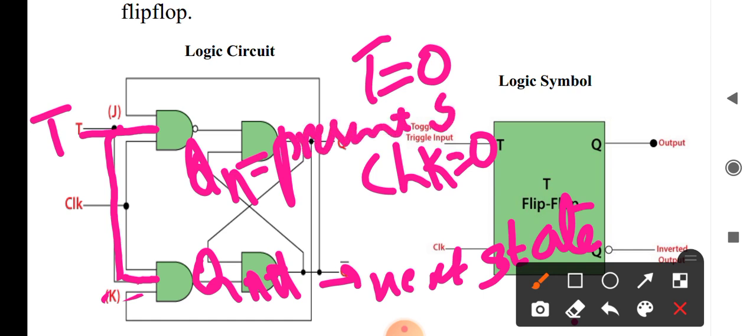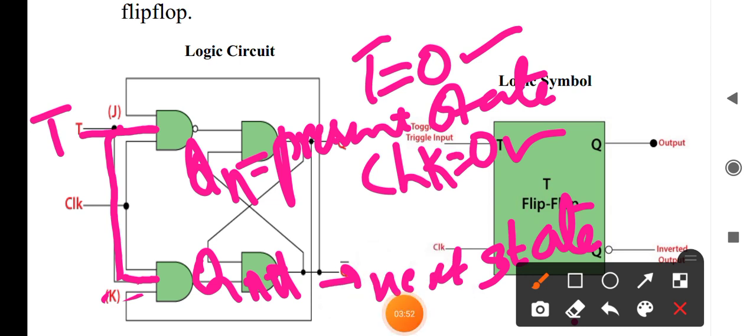I hope you know about this. So during T equal to 0 and clock equal to 0, the present state Qn will be equal to Qn plus 1. Present state will be equal to the next state.